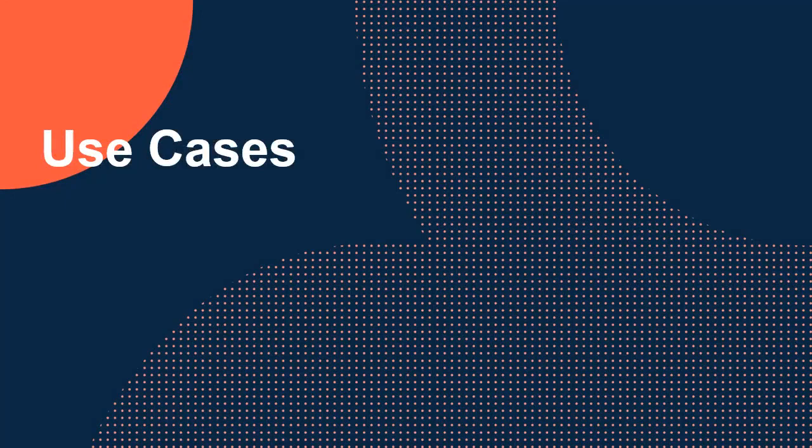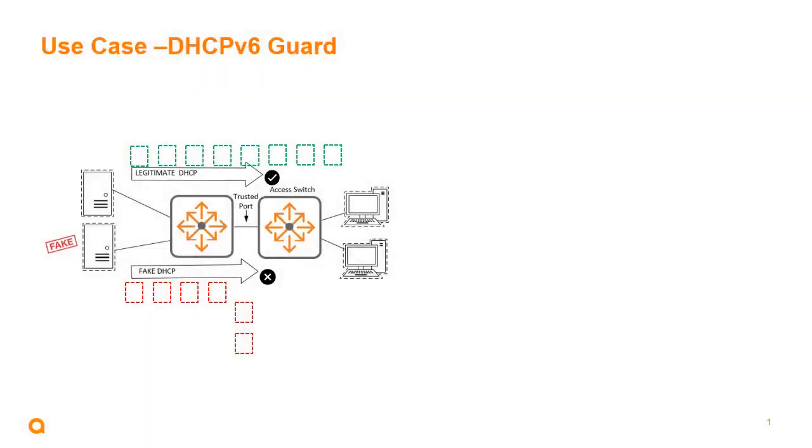Now let's look at a use case. Here we can see that DHCPv6 offers, both legitimate and fake, are coming over a trusted port. We need to be able to allow the legitimate offer through, but at the same time block the fake DHCP server from providing assignments to the hosts.